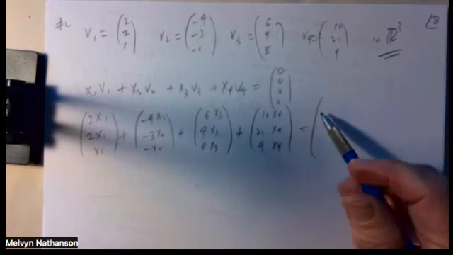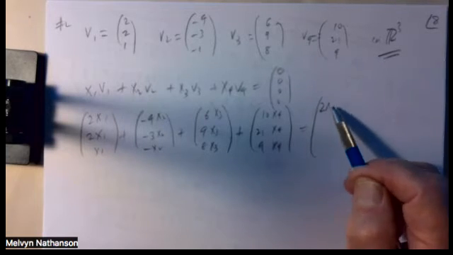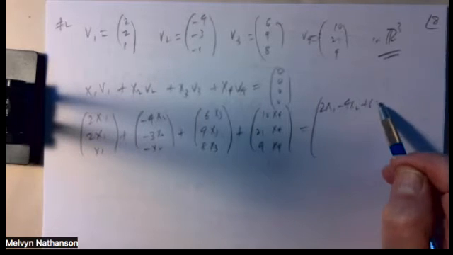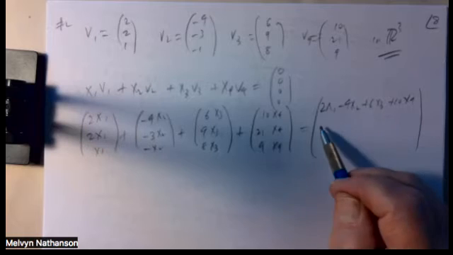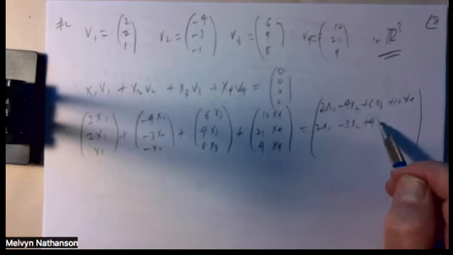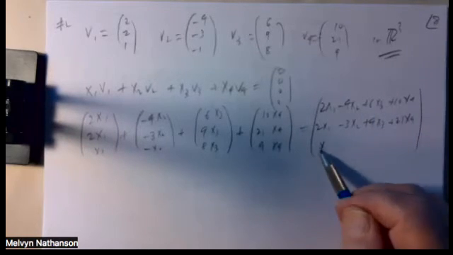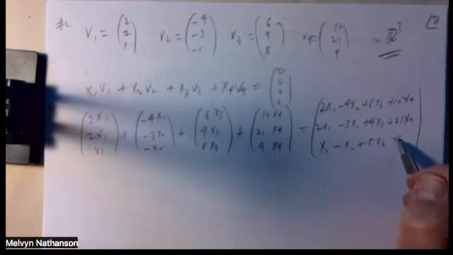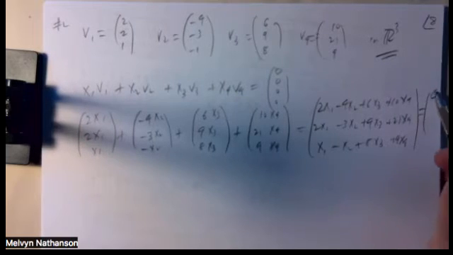When you add these together, you get a vector whose first coordinate is 2x1 minus 4x2 plus 6x3 plus 10x4, then 2x1 minus 3x2 plus 9x3 plus 21x4, then x1 minus x2 plus 8x3 plus 9x4. And this has to be equal to the 0 vector.